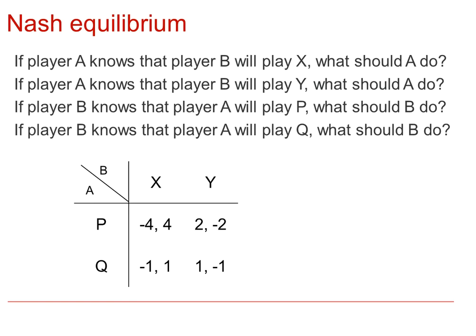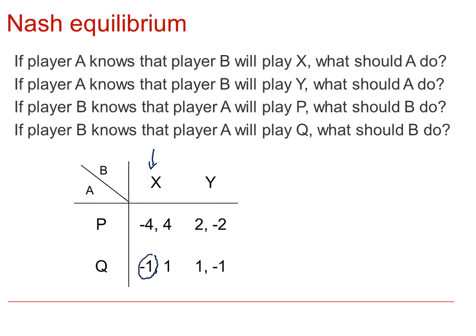In this payoff matrix here, if we knew that player A knows player B will play X, so looking down this column, what would A do? Well, if they chose P, they'd lose 4, whereas if they choose Q, they're only going to lose 1.